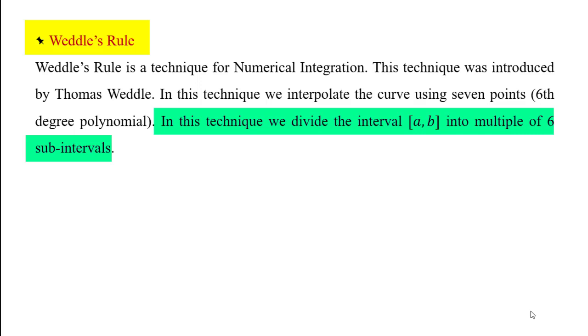In Simpson's 3/8 rule we use a 3rd degree polynomial to interpolate the function, and in Boole's rule we use a 4th degree polynomial. Whereas in Wedel's rule, we use a 6th degree polynomial to interpolate the function. So that's why Wedel's rule, as compared to the other numerical integration schemes, is more accurate.